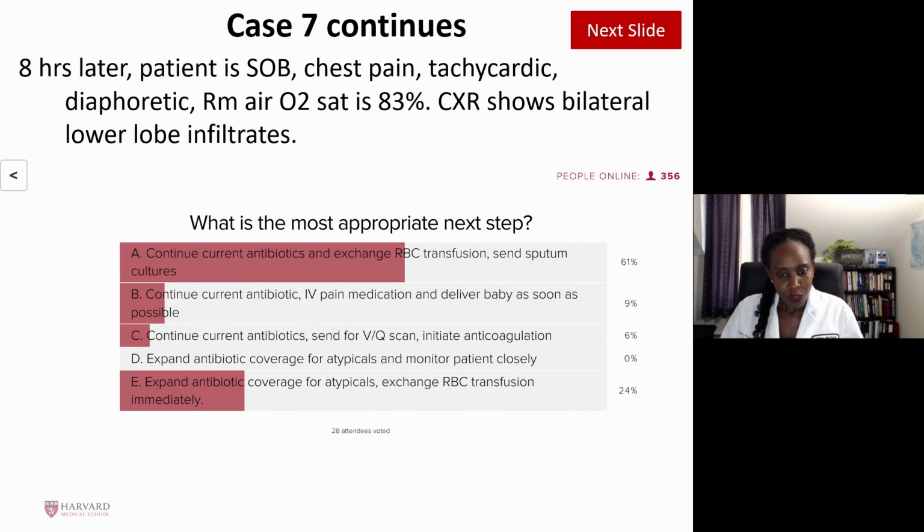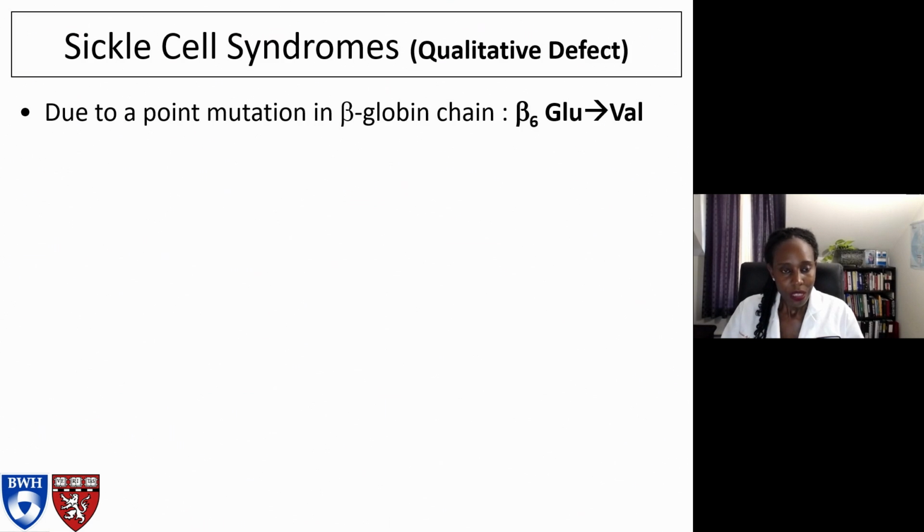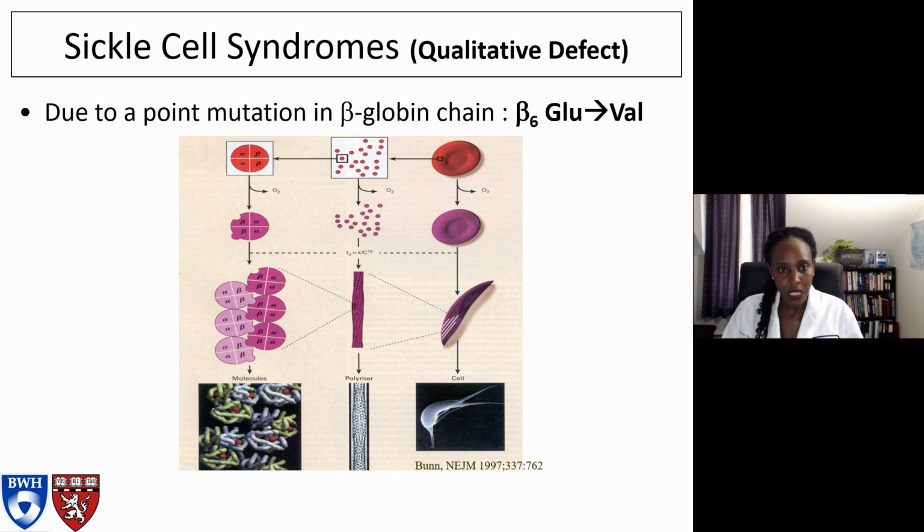Let's see, so we have very few votes in for this one, but the answer is E, and we would expand antibiotic coverage for atypicals and exchange transfuse the patient immediately. So the sickle cell syndromes are due to a point mutation in the beta globin chain of hemoglobin, where instead of glutamic acid, there's a switch to valine.